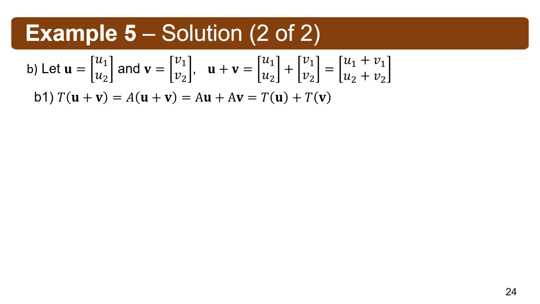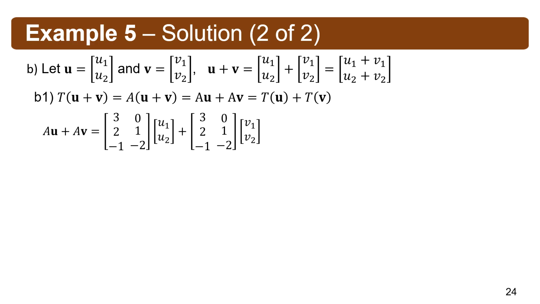So we add the two vectors and apply it to a transformation, and we also get the transformation first before we add. So in this case, the first one is applying the transformation or the rule first, and the rule here used is the matrix.